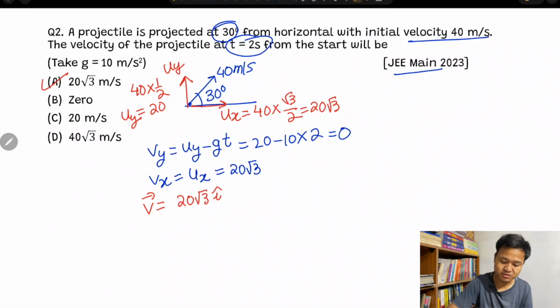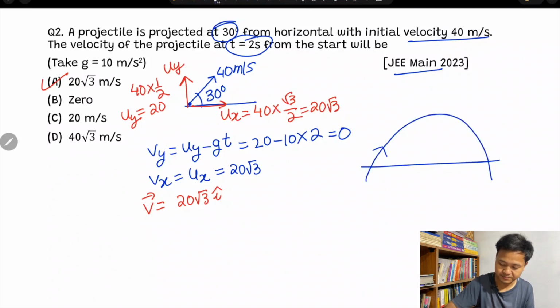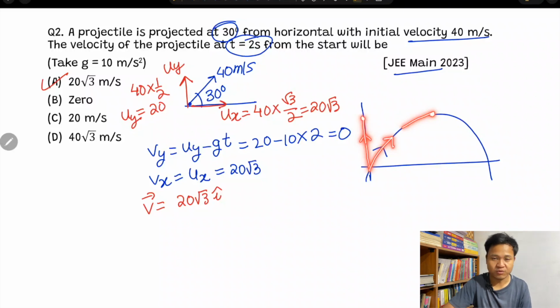So in projectile motion, if you consider the vertical motion, it will go up like this. As the particle goes like this and reaches the maximum point, it is just like the motion under gravity. It will go up, reach the highest point, and then come back down.